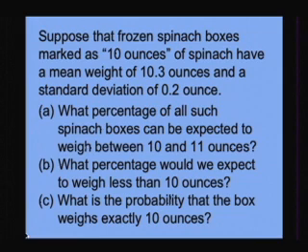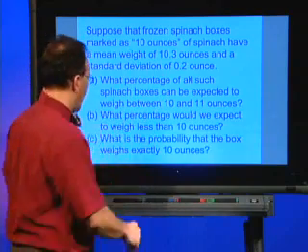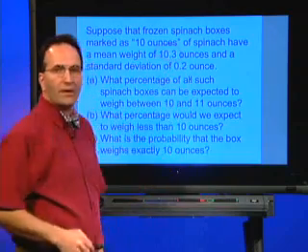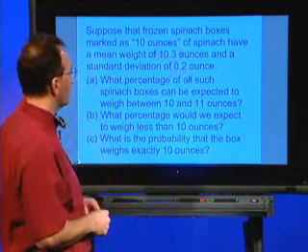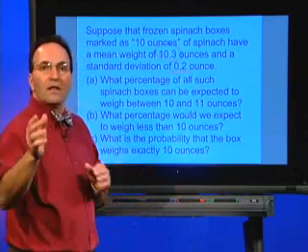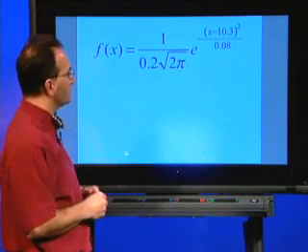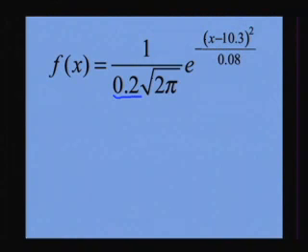Okay, well, what we need to do is plug in the given information of our mean weight of 10.3, our standard deviation of 0.2, into our formula that we looked at earlier. So here it is. We've plugged in our standard deviation, 0.2, and we've plugged in our mean average weight, 10.3 ounces.